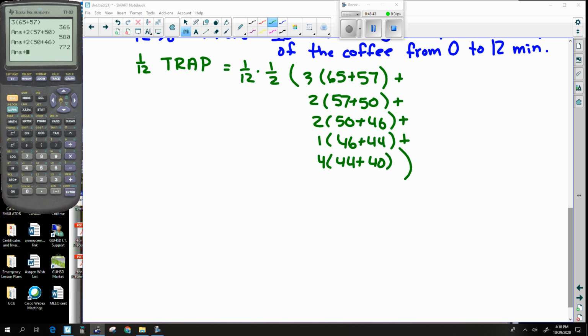Plus a 1 with a 46 and a 44. Plus a 4 with a 44 and a 40. All right, so that's all that inside, and then the outside is a division of 24.